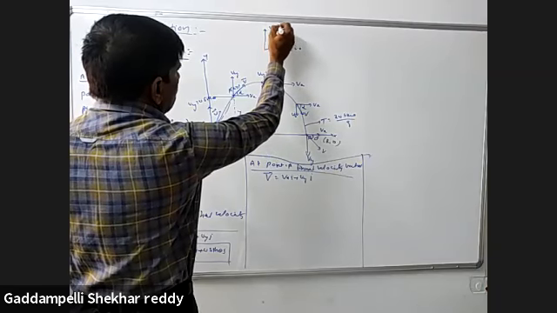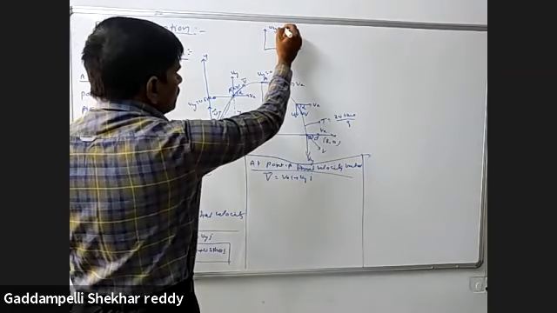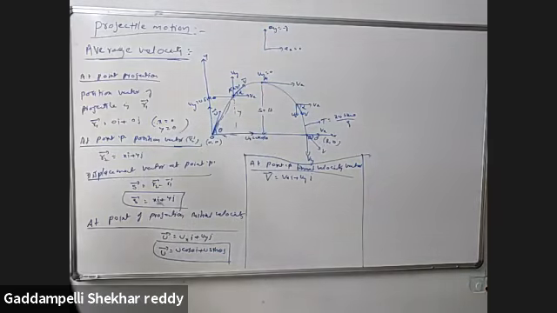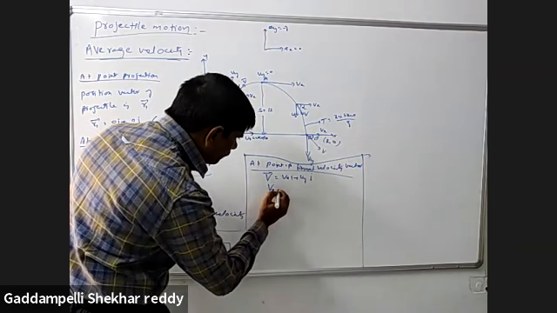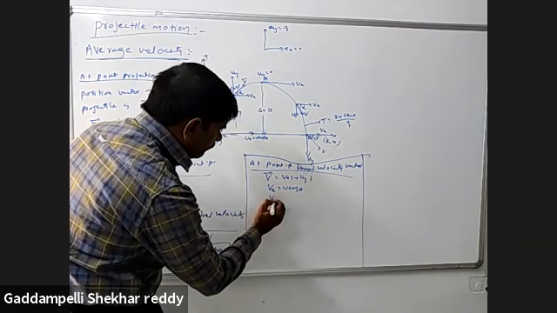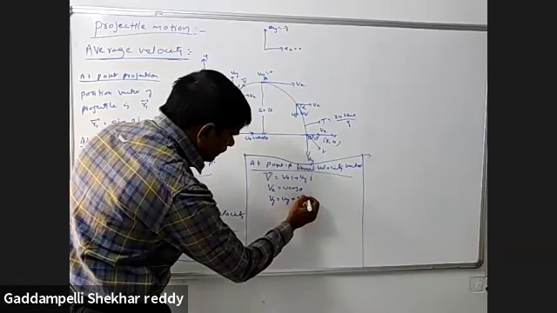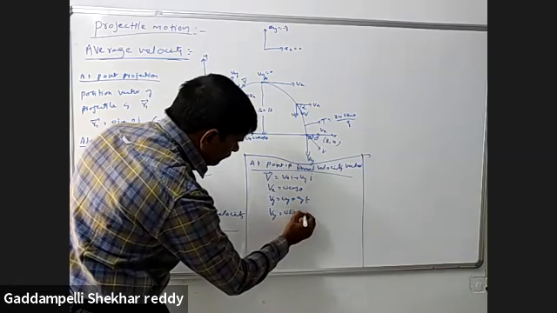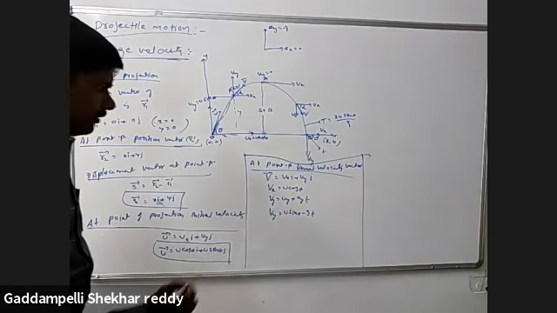In the vertical direction the acceleration is g; the body moves upward and gravity acts downward, so it is taken as minus g. So the horizontal velocity remains constant due to zero acceleration: Vx is equal to u cos theta. Next, Vy is equal to uy plus ay t, so Vy is equal to u sin theta minus g t. This is the final velocity vector.